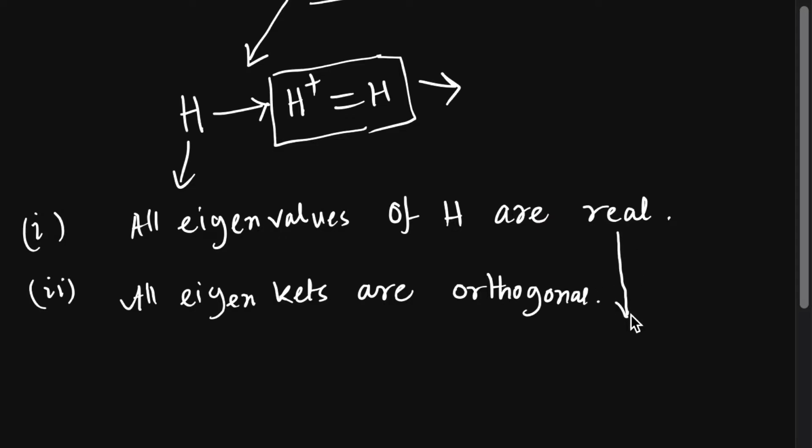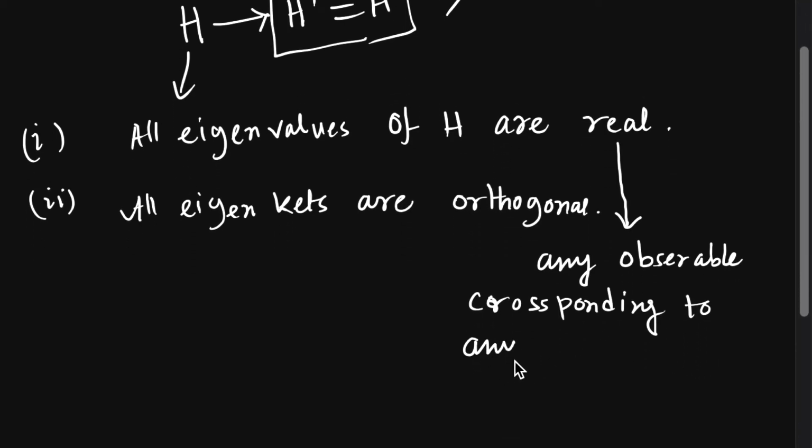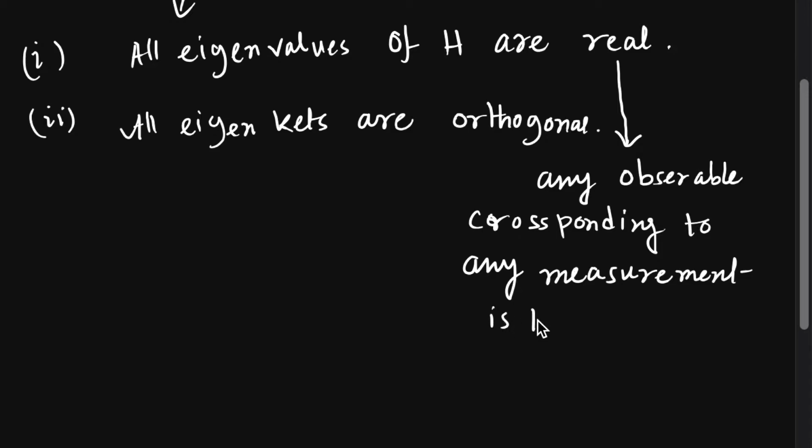Later we will see that any observable corresponding to any measurement is a Hermitian operator.